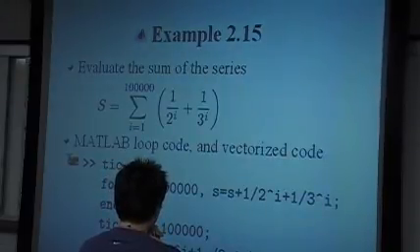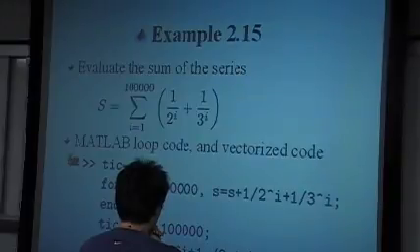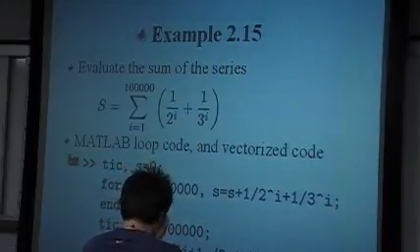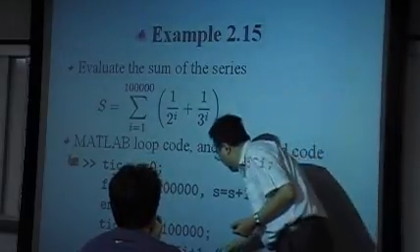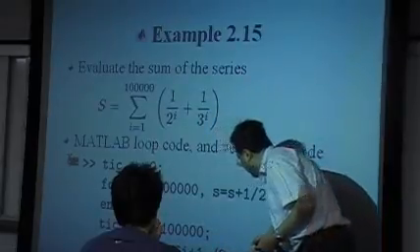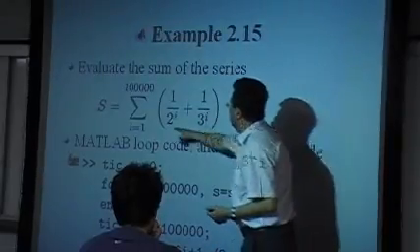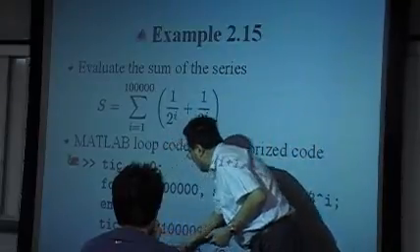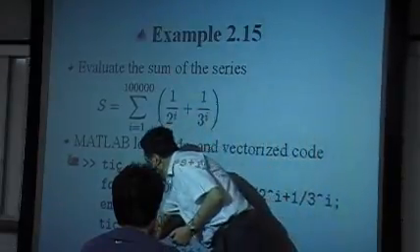Something like this. It is also a vector. So the same thing can be done to 3. So we have a vector here, another vector here, which are the terms like this. And we can add all the terms together by the sum function.